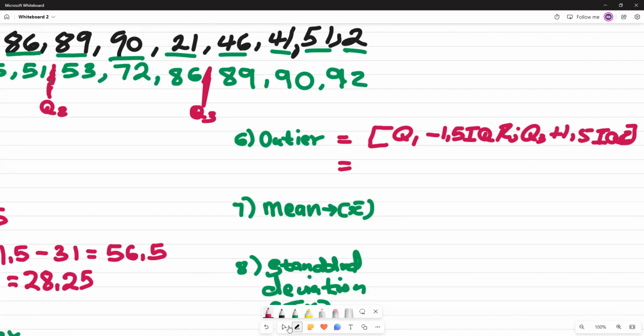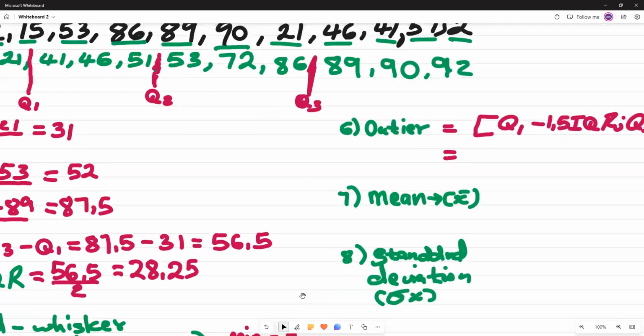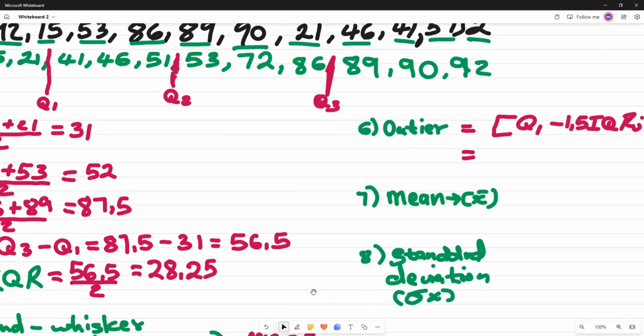Let's go on the left and see. So we're looking for Q1, which is 31, minus 1.5 times the interquartile range of 28.25, right? Then that gives us negative 11.38.